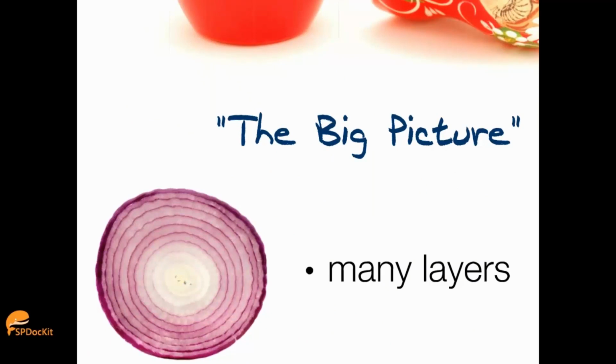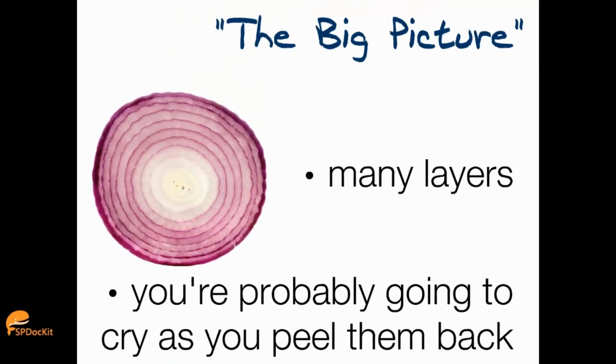Also like an onion, chances are, as you peel the layers back in SharePoint and disaster recovery, you're probably going to cry. Disaster recovery is one of those topics that once we get into it and we realize everything that needs to be done, it tends to be somewhat painful. And I know I'm making light of this, but having gone through it myself several times, I know that humor sometimes helps. Hopefully you're in the same boat as me.